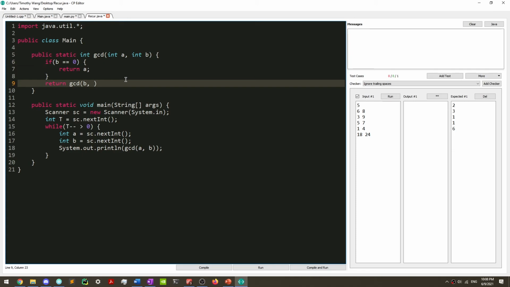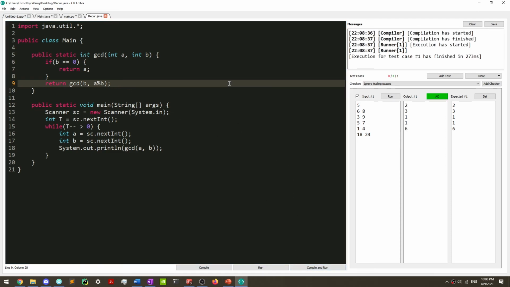One way we can do it is simply by doing a mod b. Sorry, a mod b. And what a mod b does is it just returns the remainder when you divide a by b. So it's as simple as that. So let's run this program to see if it works. And as you can see, it fully works.